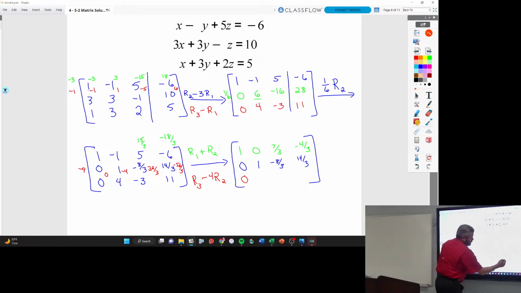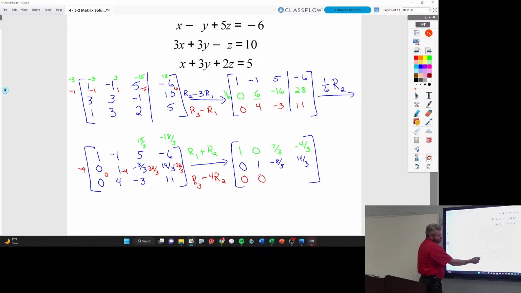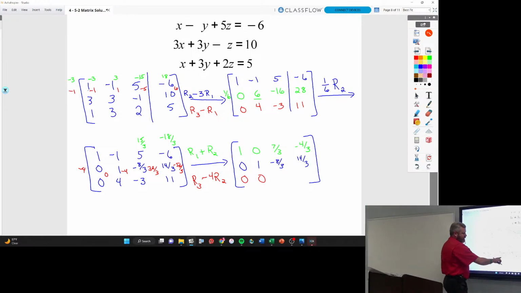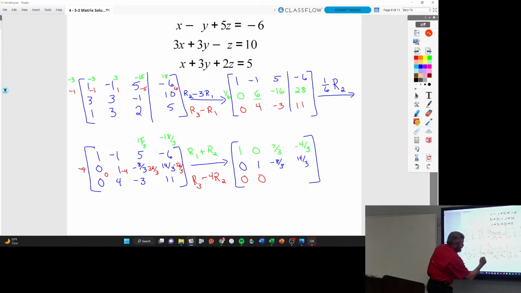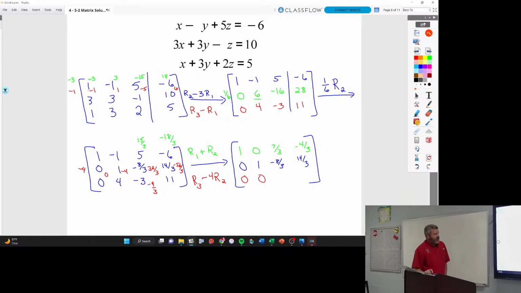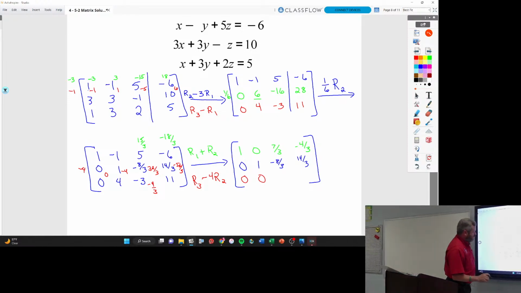Negative 4 and 4 is 0. 32 thirds minus 9 thirds, well, 3 would be 9 thirds, so 32 minus 9 would be 23.